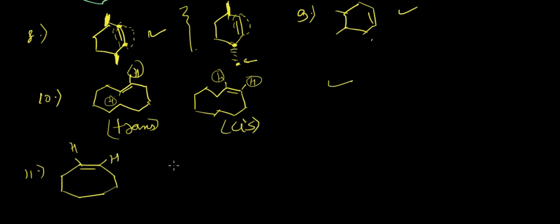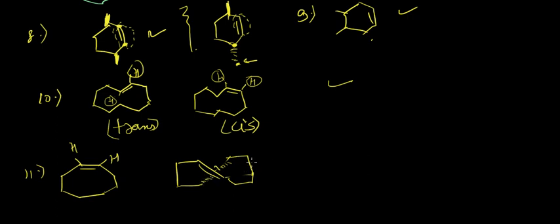And another is a twisted form in which this bond is actually going out of the plane or inside the plane, and this is coming from the other side.